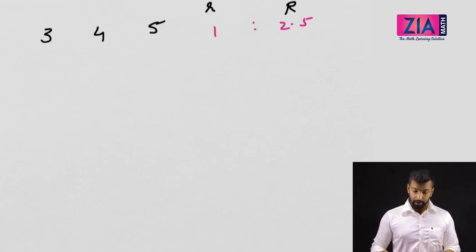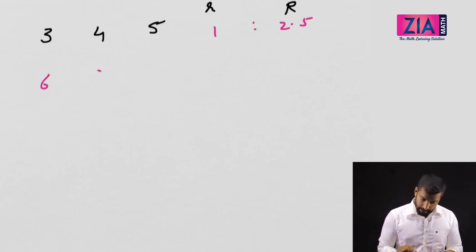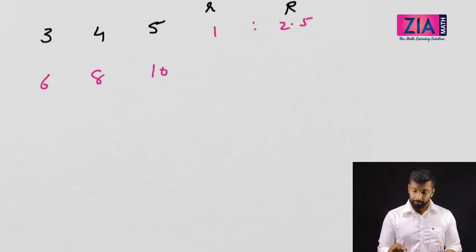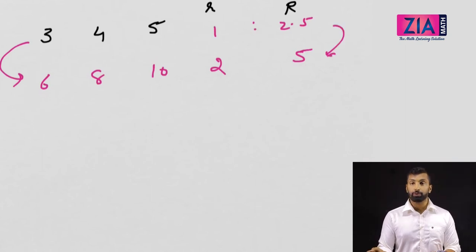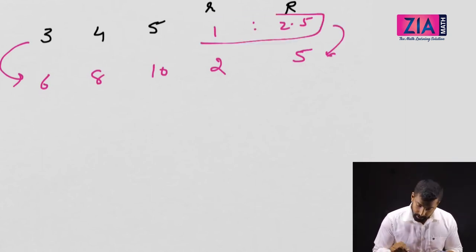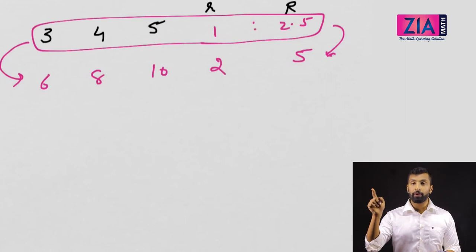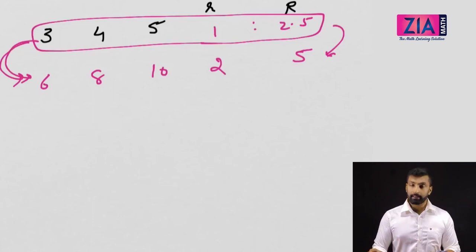If it is 6, 8, 10, this will be 2, 5. So here you multiplied with 2, here you multiplied with 2. Just keep this in your mind. If it is 3, 4, 5, 1 and 2.5, inradius to outer radius. So here 6, 10 and 8, so 2 and 2.5.